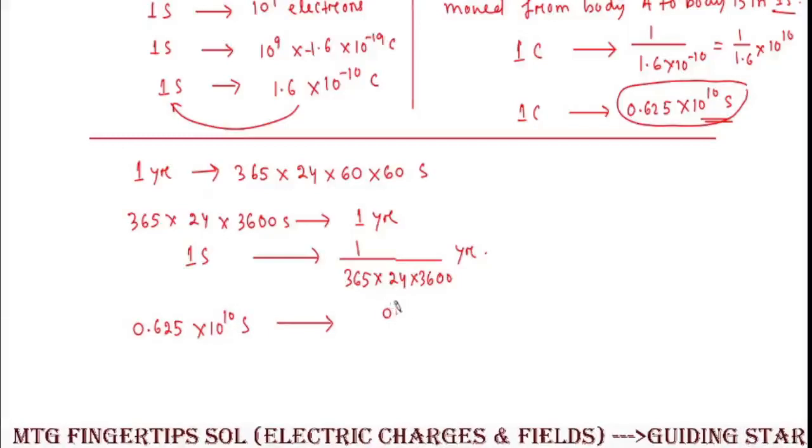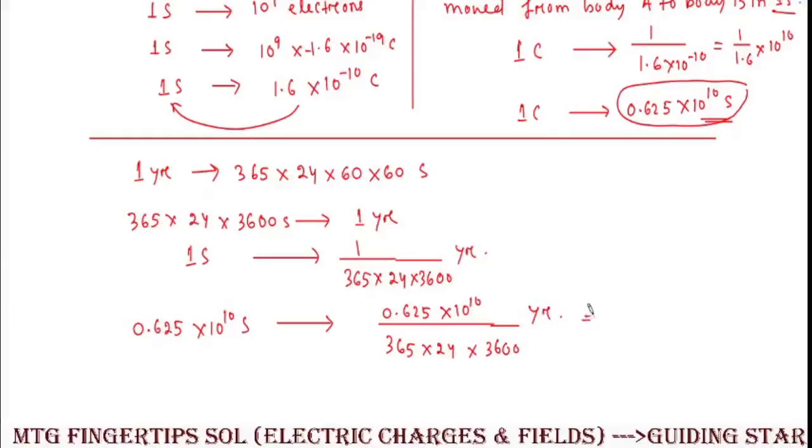So 0.625 into 10 to the power 10 divided by 365 into 24 into 3600. Clear? So this much years.